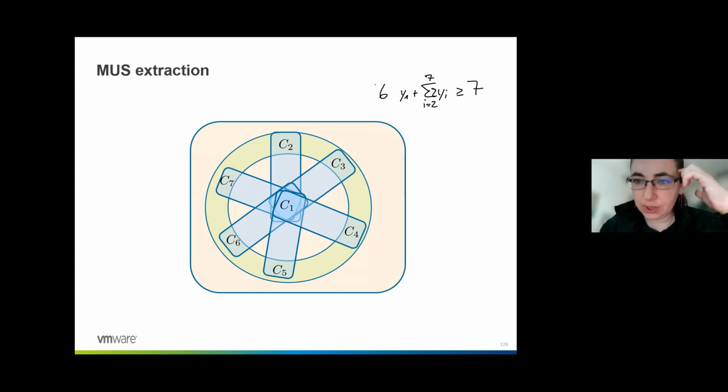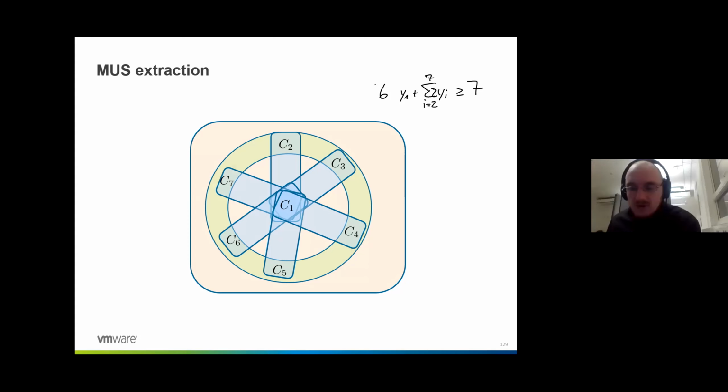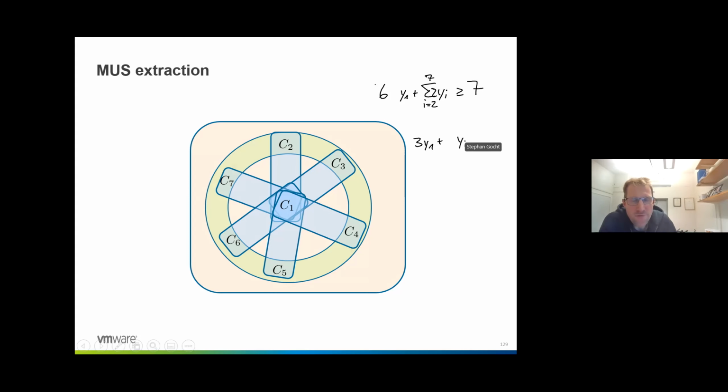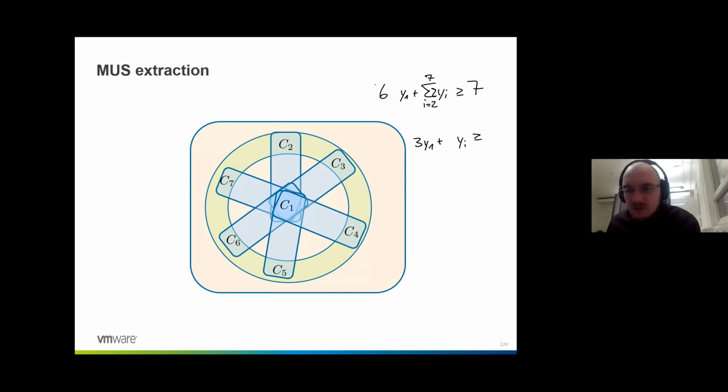Wait, but can I ask you about this cardinality pseudo-Boolean constraint? You can divide, because everything is integer, you divide by 2 and you round. It will be the same. Right? Yes, actually that's true. So you'll have 3y1 plus... But you probably want to multiply it by something before rounding.